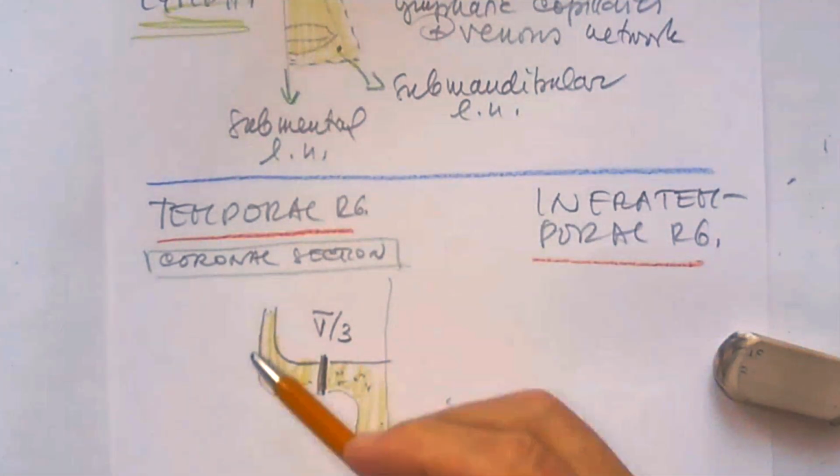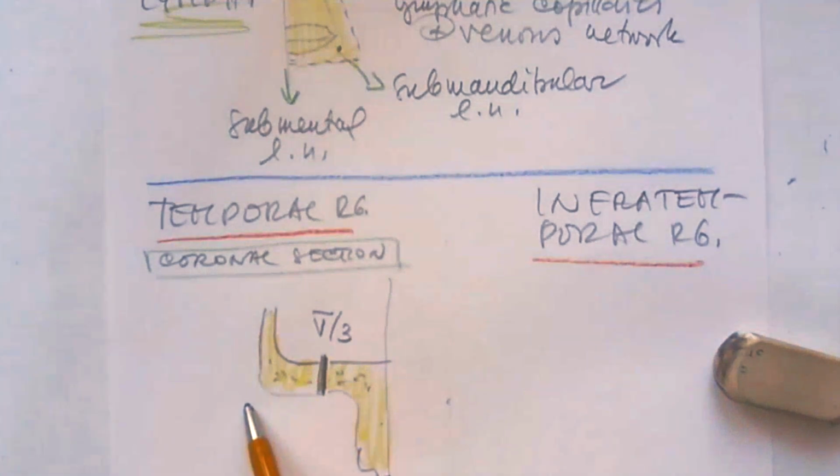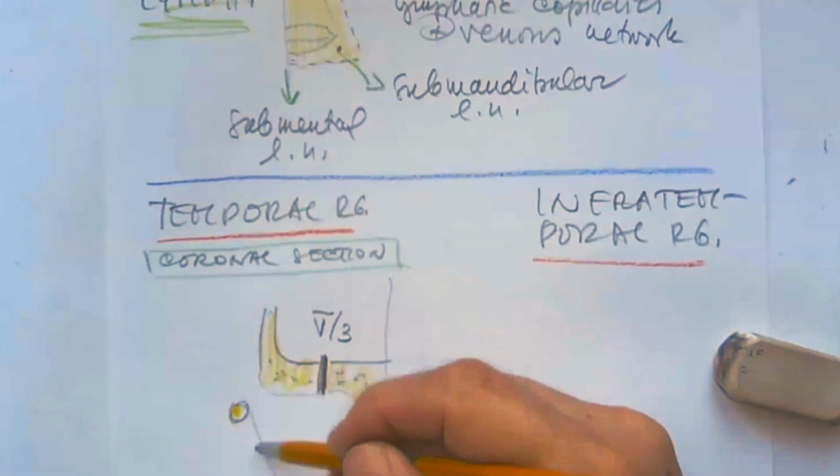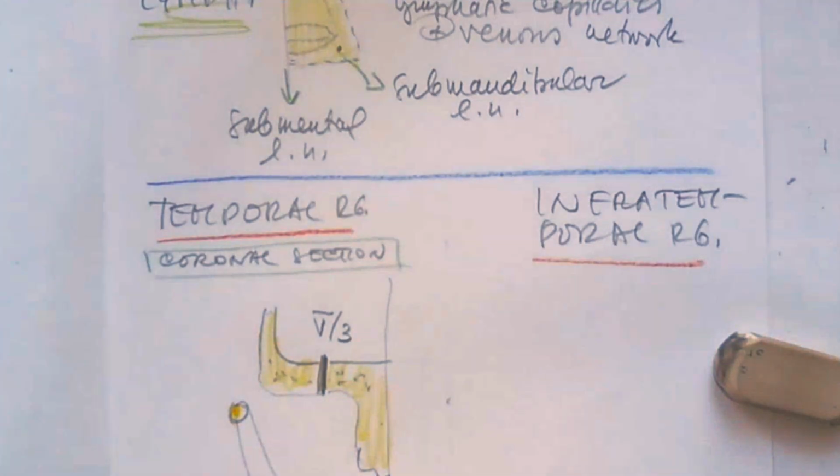No, inferiorly, because we have to draw also the position of the zygomatic arch, arcus zygomaticus. Then from that arch descends the masseter to attach to the mandible like that. On the medial side descends the medial pterygoid.